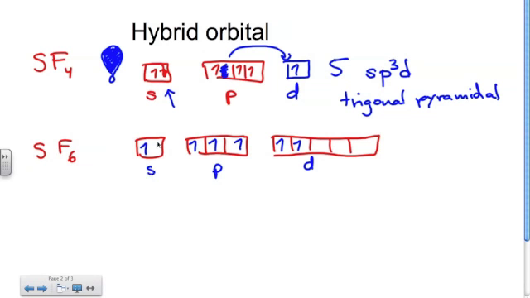In this case, we have 1 s being used, 3 p's, so we have p3, and now we have d2. There are 1, 2, 3, 4, 5, 6 of those total. So this is an sp3d2 hybrid. And the shape of this is octahedral, or at least the shape that it is based off of will be octahedral.